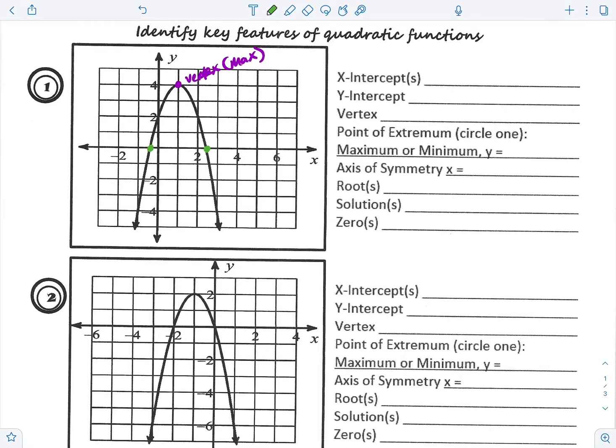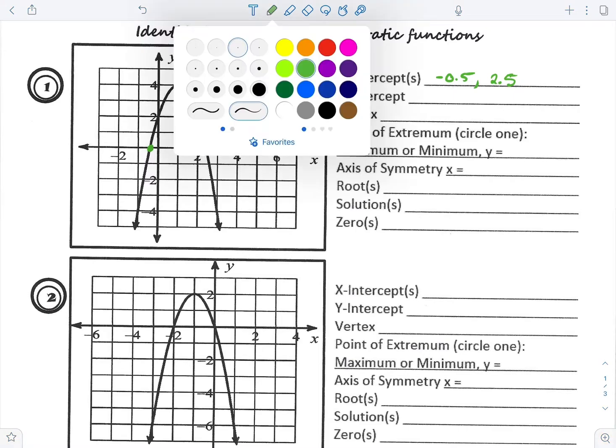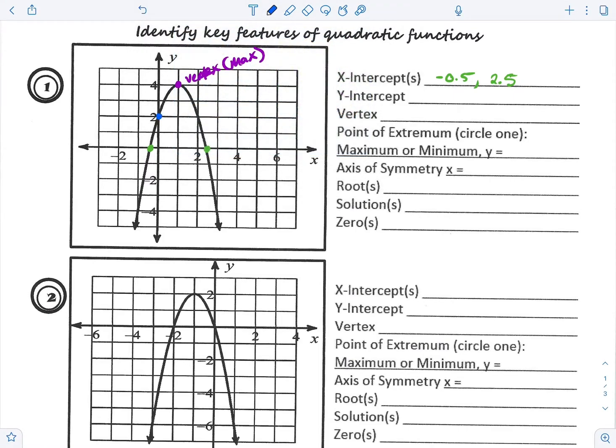This point is in between 0 and -1, so let's say it's -0.5 for our x-intercept. And this other point is in between 2 and 3, so let's say that point is 2.5. And our y-intercept is right here, the point where the graph crosses the y-axis. So that's 2.